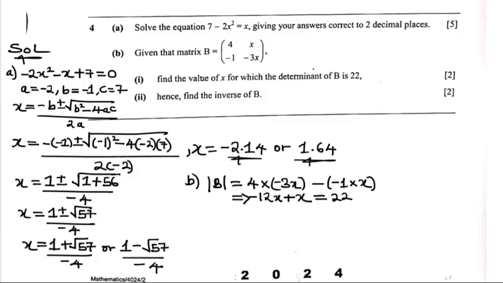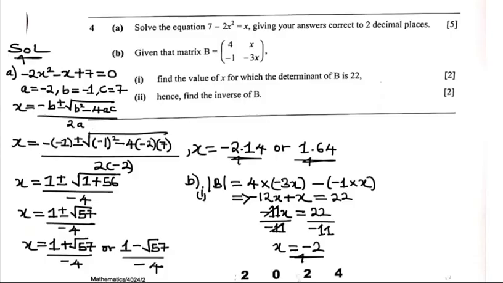To solve for x, we simply add -12x plus x, which gives -11x, and this is equal to 22. To find the value of x, we divide through by -11 both sides. On the left side, -11 into -11 is 1, so 1 times x gives x, equal to -11 into 22. That gives -2. So x is equal to -2.